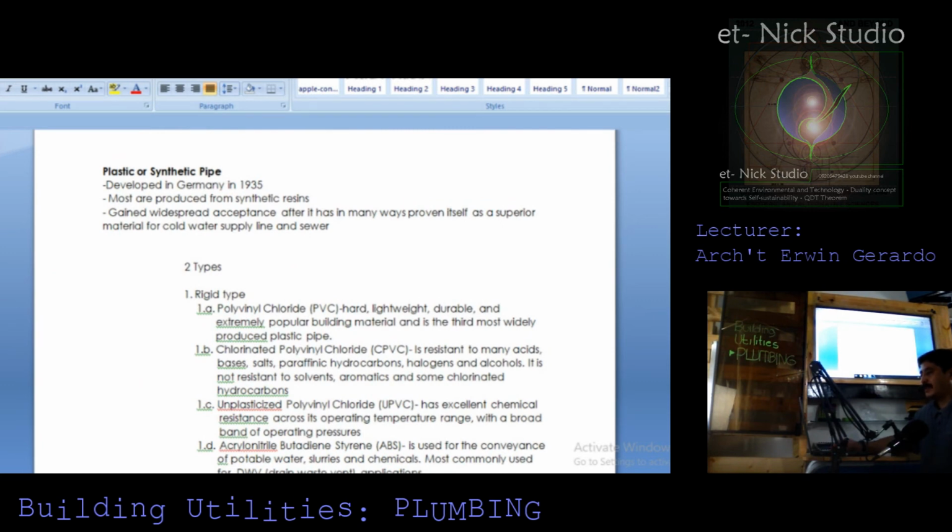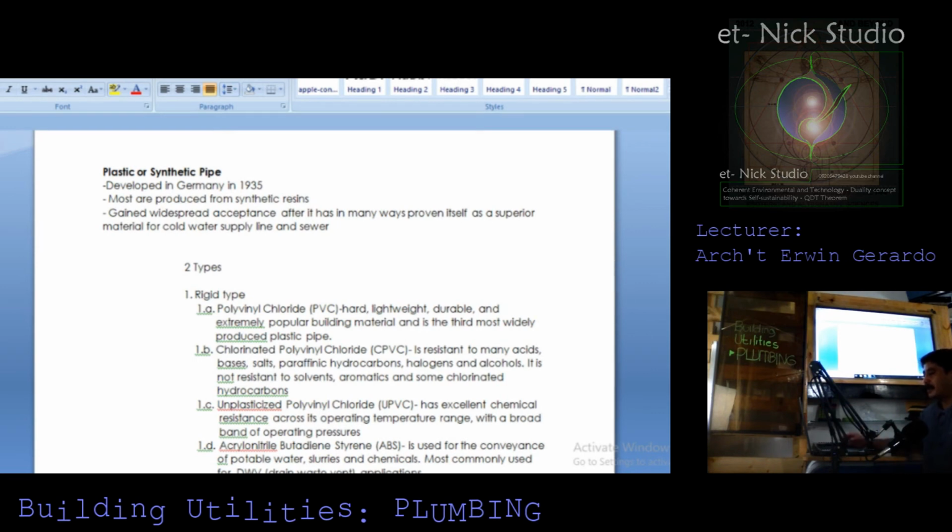Plastic or synthetic pipe was developed in Germany in 1935. Most are produced from synthetic resin. It gained widespread acceptance after it has, in many ways, proven itself as a superior material for cold water supply line and sewer.